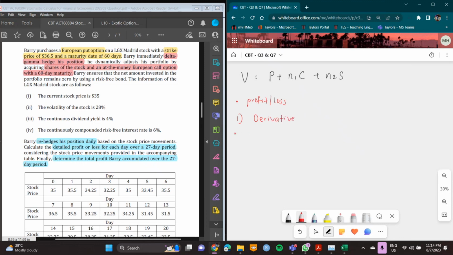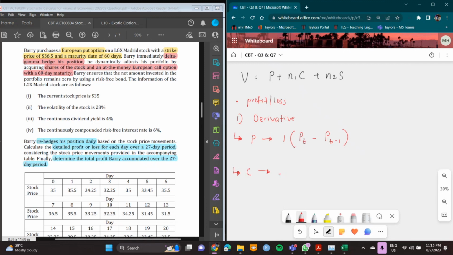component. In this case, we have two derivatives. The first one is the put and the second one is the call. To find the derivative, for the put we only have one put, which is that Barry bought only one put. So 1 times the put at day T minus the previous day price of the put.